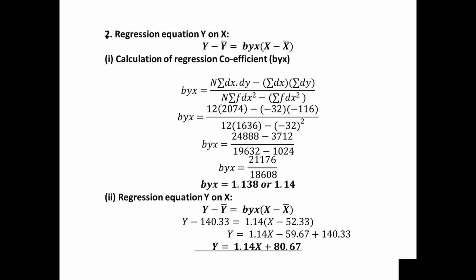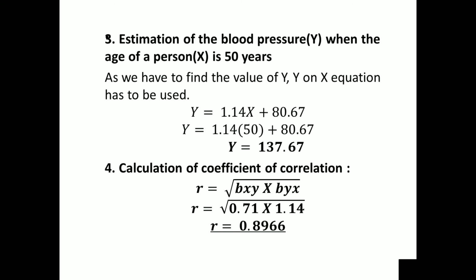So the first part is completed now, and the second question that we need to answer is the estimation of blood pressure. Blood pressure is assumed as y here, when the age of the person is 50 years. So the value of x is given and y has to be calculated, that is we should apply the y on x equation.